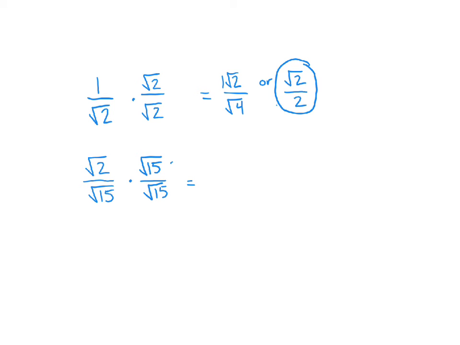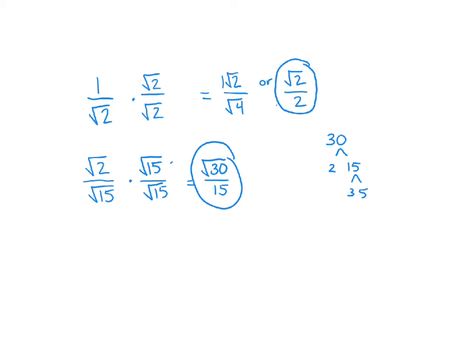So we multiply numbers by numbers, so we have the square root of 30 over positive 15. Now, we've got to do a factor tree. I told you we got to get really good at factor trees. So let's look at 30. 30 gives me 2 and 15. 15 gives me 3 and 5. We don't have anything we can simplify, so we are done there as well.